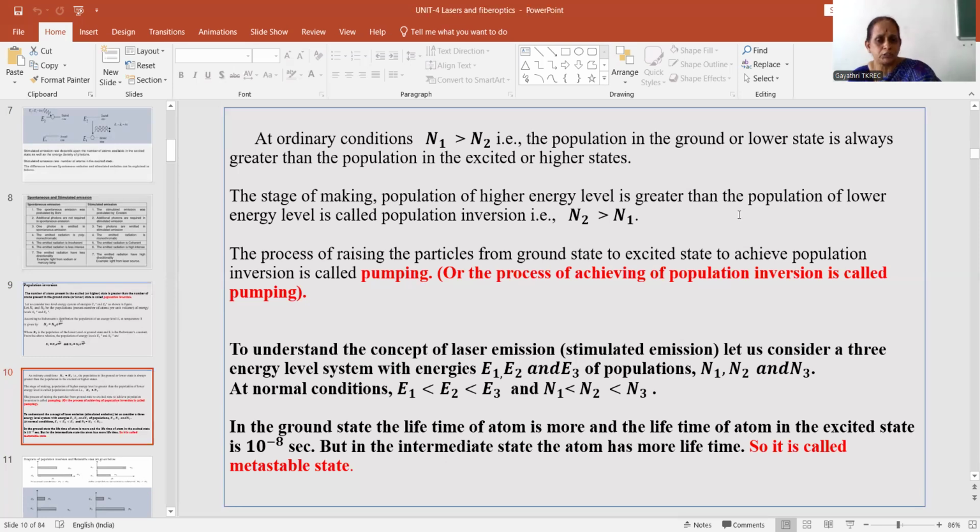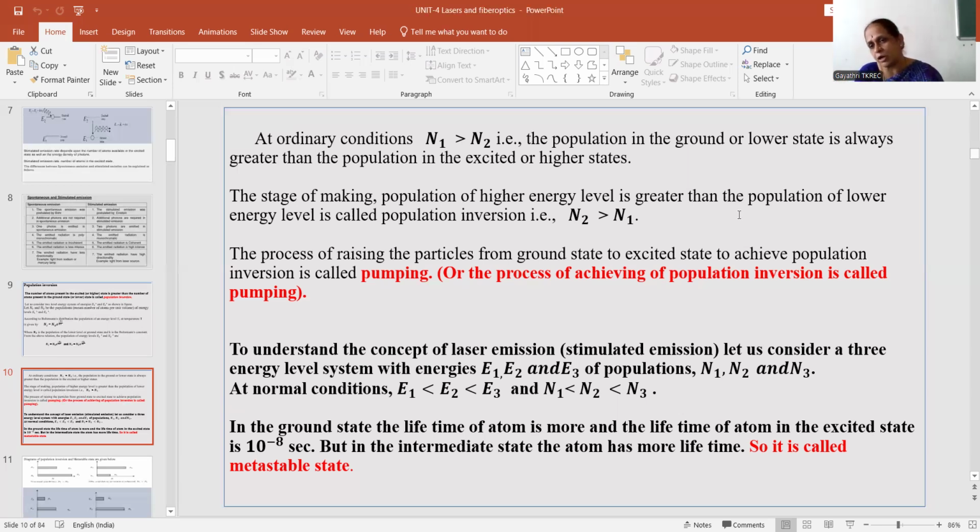Now, how is it possible to make the atoms be more present at the higher energy state than at the lower state? This is done by pumping, or raising the atoms from the ground state to the higher energy state.